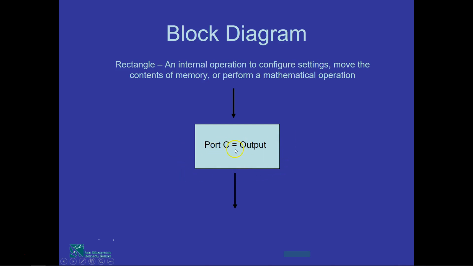So this "port C equals output" basically indicates one of the instructions, and right now just understand that this is a type of operation you want to execute in your program. You will be using this in the flowchart for any arithmetic instruction.